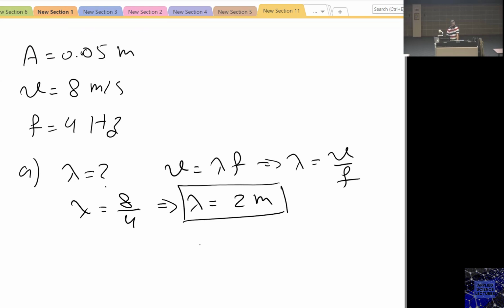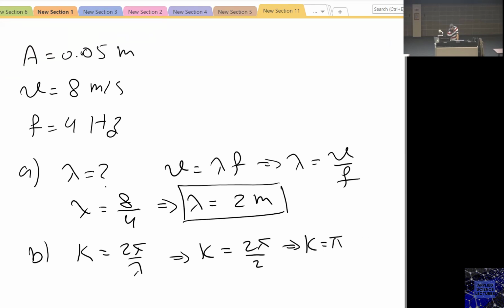What about the wave number k? So you can see that this example is a straightforward implementation. The wave number k is 2 pi over lambda. And this is 2 pi over 2. And k is pi per meter.